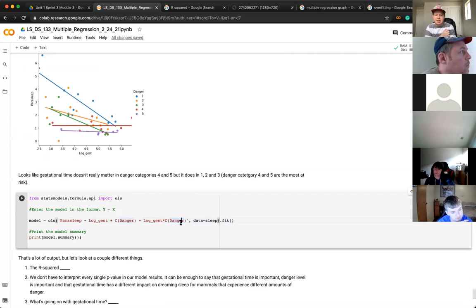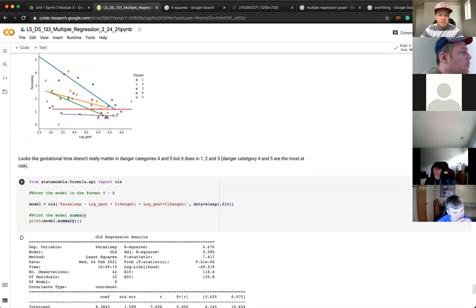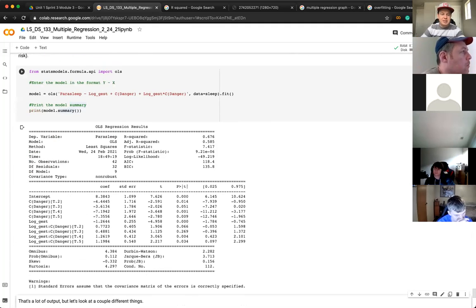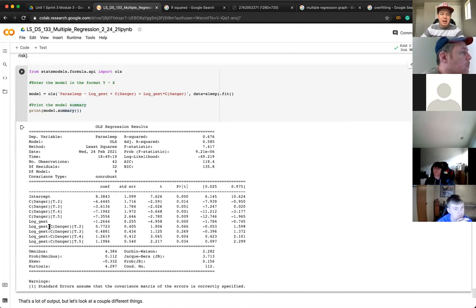So this is going to make our model summary a bit crazier. Okay. So we now have gestational time, but then we have it also interacted with the 4 categories. And here in a minute, I'll try, if you've got time, to explain, okay, why does category 1 get omitted? Right. Again, it's used as the baseline here.